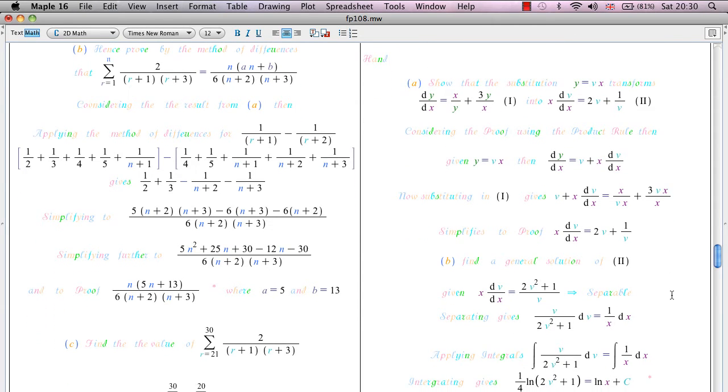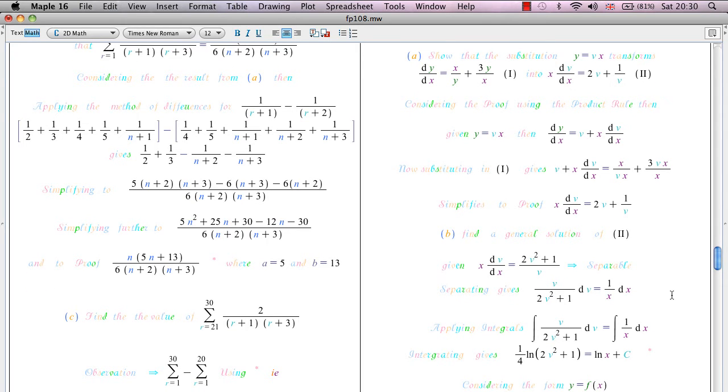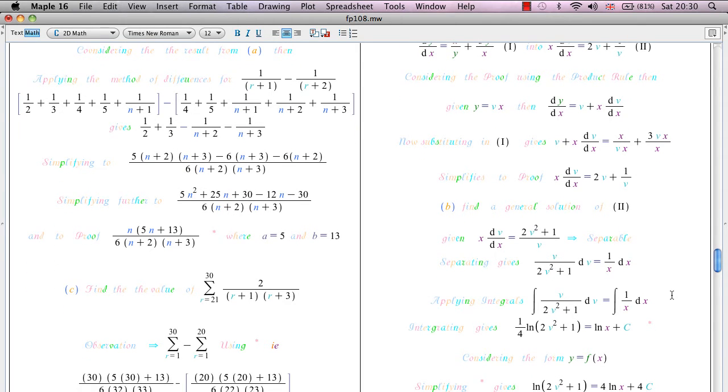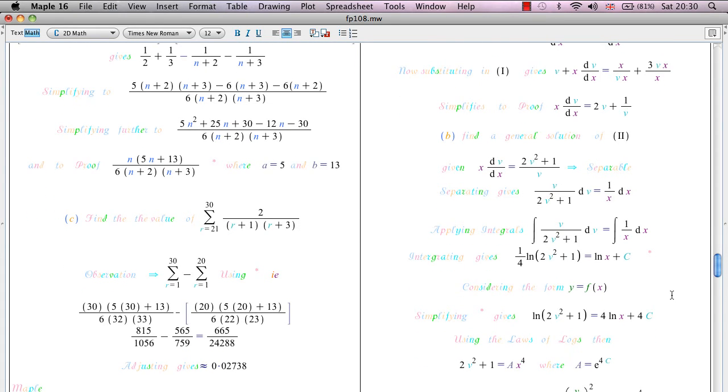So for a general solution of 2, we see it is separable. So separating and integrating both sides gives a general solution.